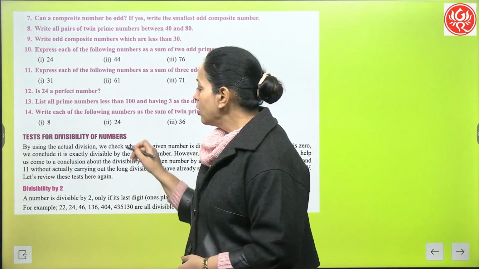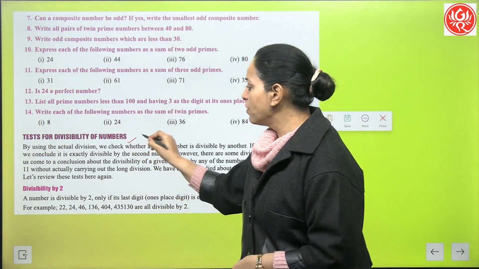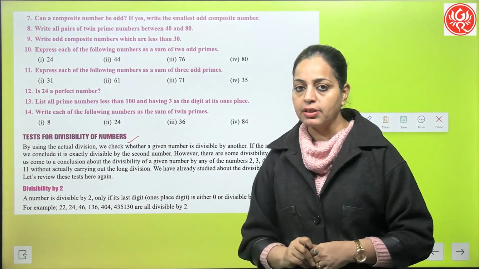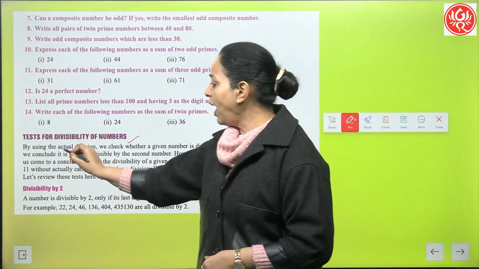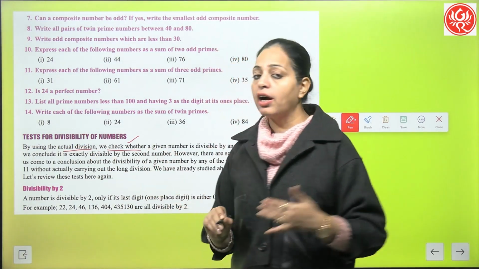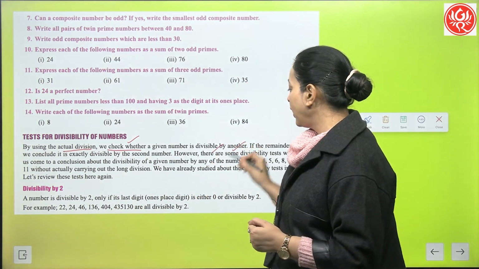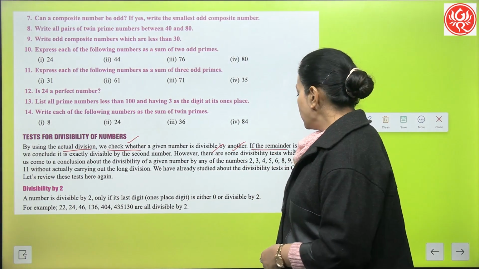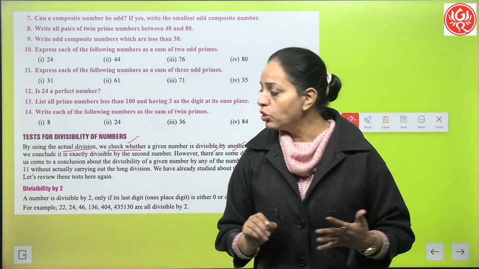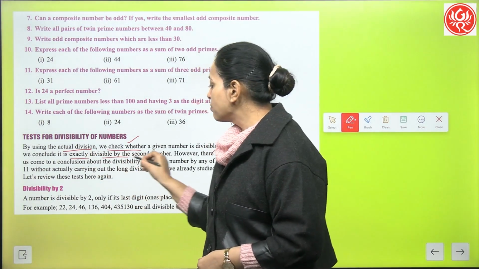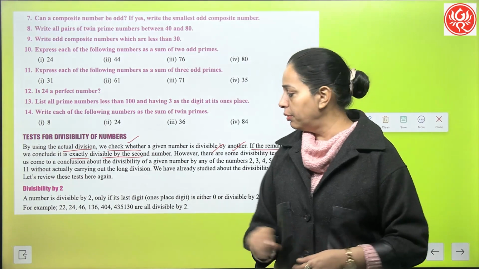Very interesting. Now the next is test for divisibility of numbers. So by using the actual division we check whether a given number is divisible by another. So if the remainder is 0, we conclude that it is exactly divisible by the second number.